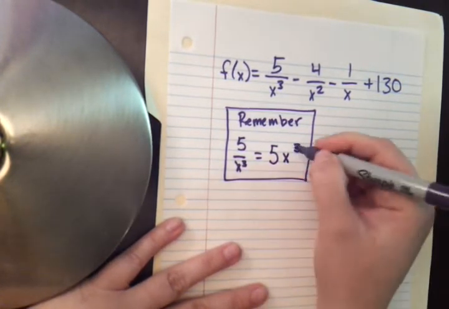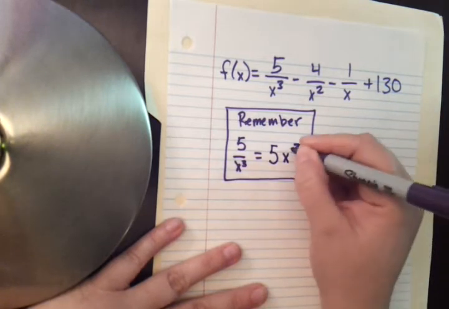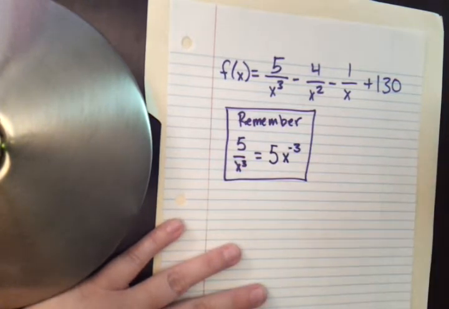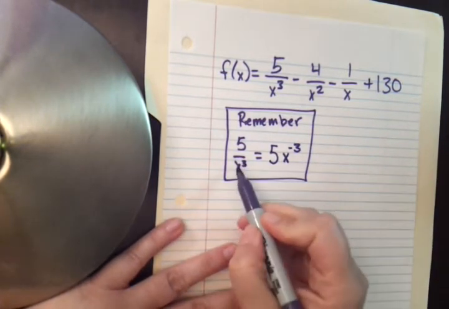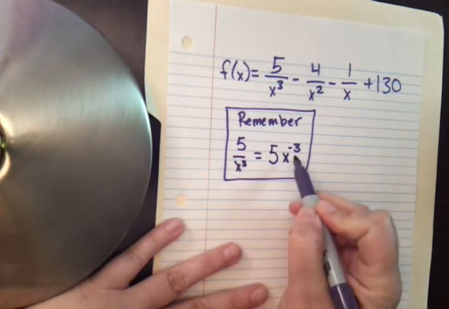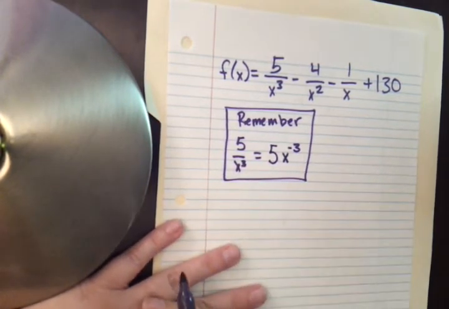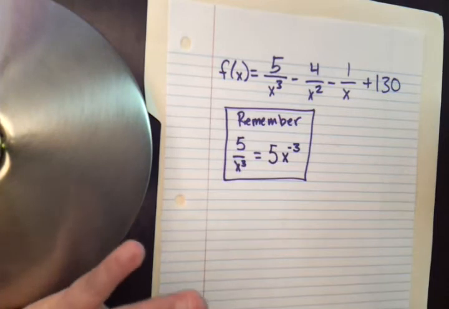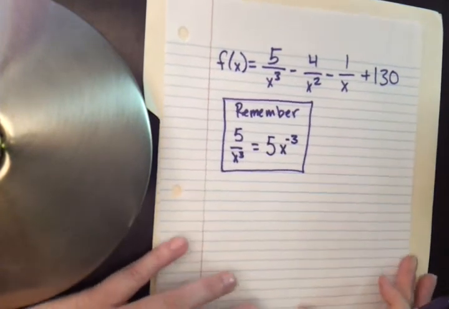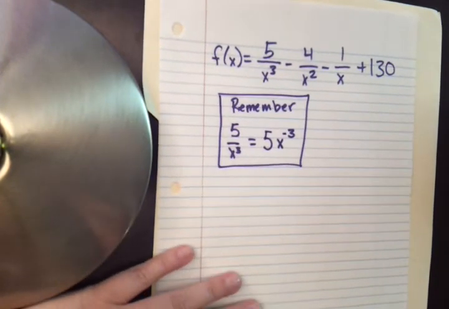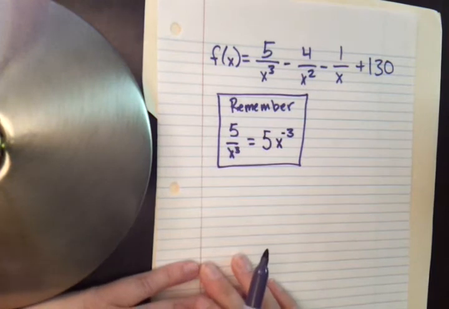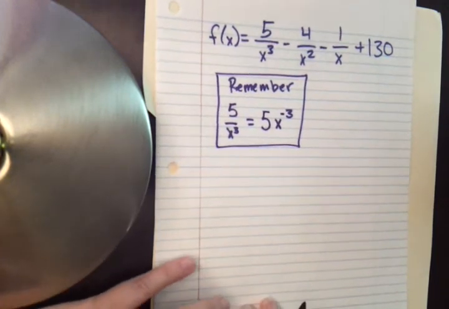You want that x cubed, but once you bring it up from the denominator, you're going to need to change the sign to a negative. So basically, you can bring that x cubed up, but you need to change it to an x to the negative 3. But now everything's in the numerator, and we don't have to deal with any sort of fractions or worry about what's going on downstairs in our fraction. And that's going to make it a lot easier to apply the chain rule.